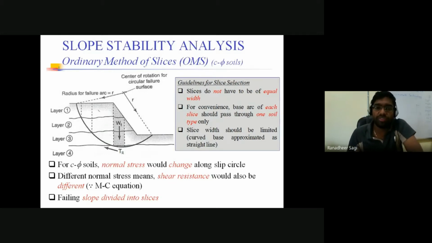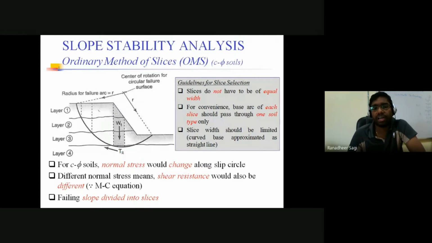Why is it going to be different? Because the angle at which your failure surface is existing is continuously changing from place to place. If the angle which the failure surface makes with the horizontal is continuously changing, then it is obvious that the normal stress changes.